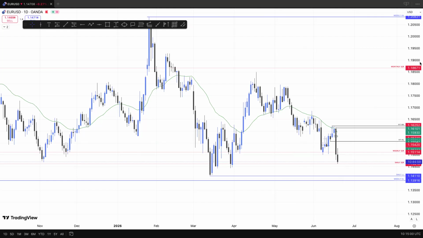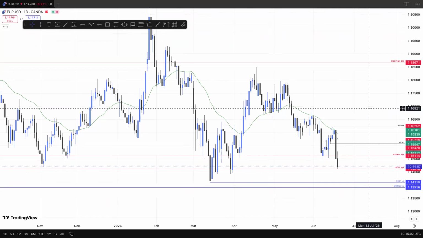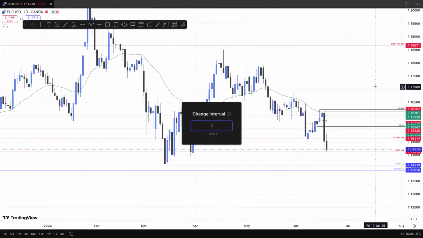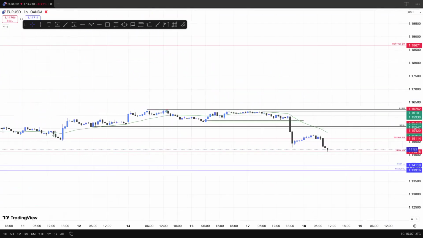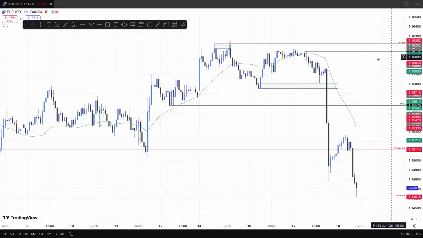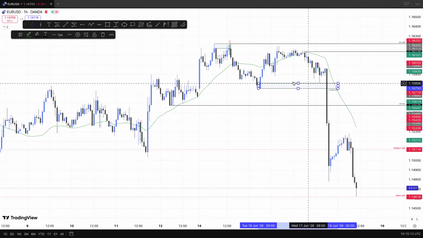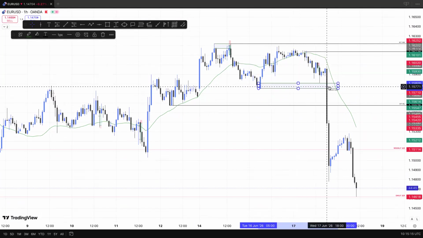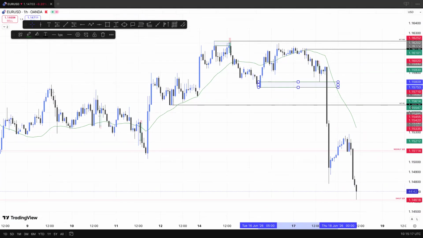All right. So on Euro USD yesterday, I literally said that this was the target for price. Price was heading to this demand right here, right?